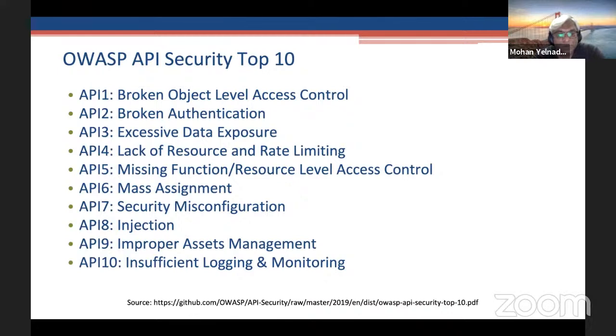So obviously some of the attacks are going to be common. API 7 to 10, these four, you can see across web security and mobile app security. These attacks are common. However, where they get targeted is different.